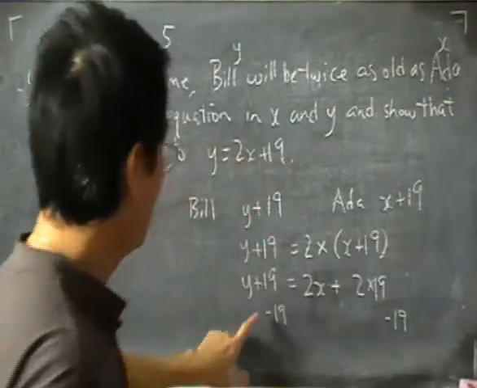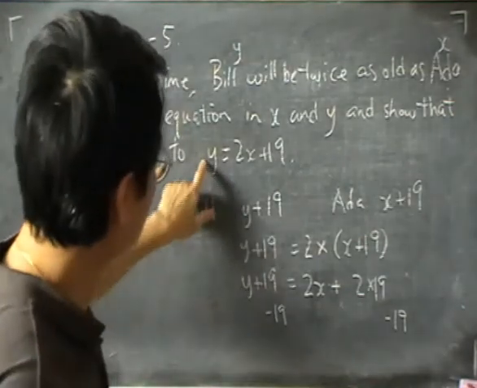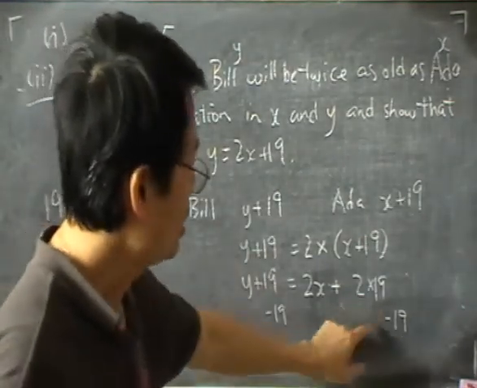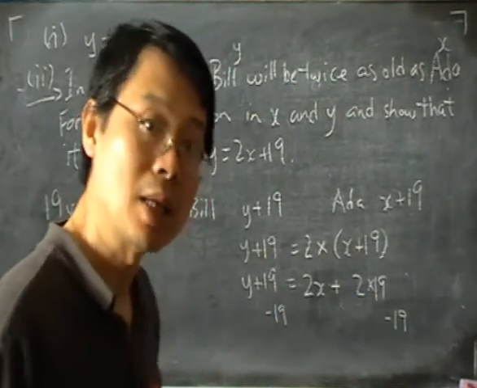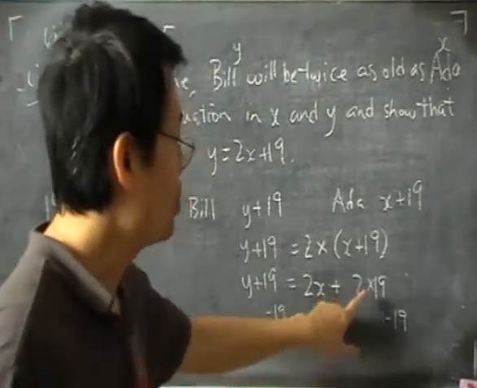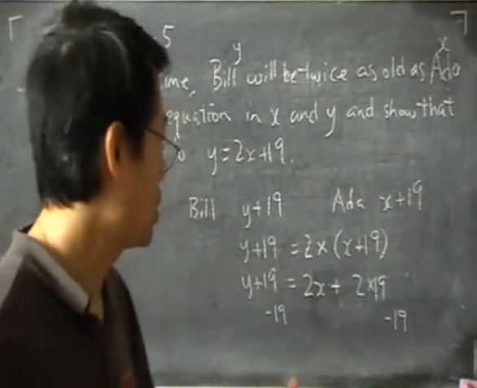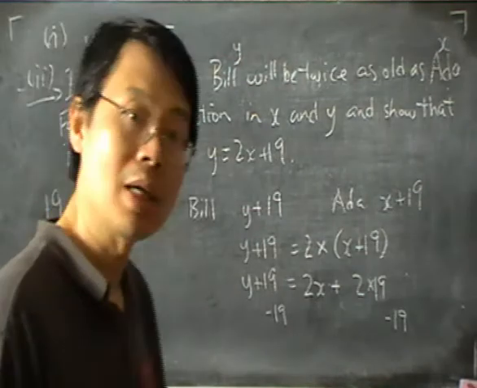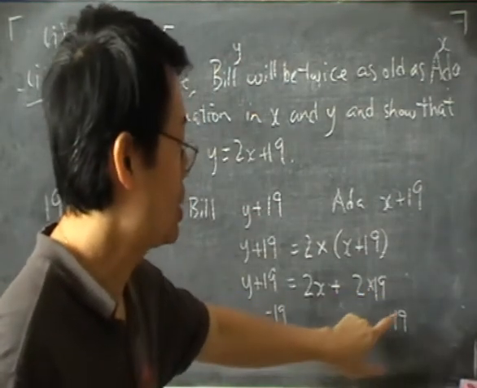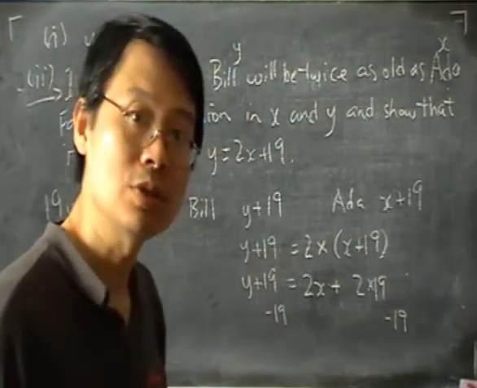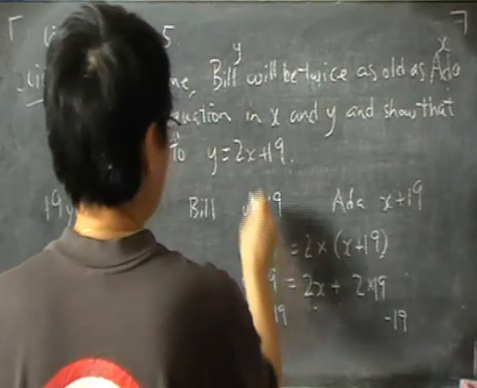And you see that if I minus 19 from both sides, I get just the y. And on the right side, if I have 2 times 19 minus a 19, then I have 19. It's like having 2 apples minus 1 apple, or 2a minus a. So 2 19s minus 19 is just 19. And the 2x is the same as the 2x here.